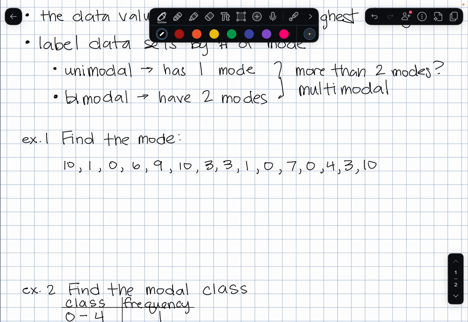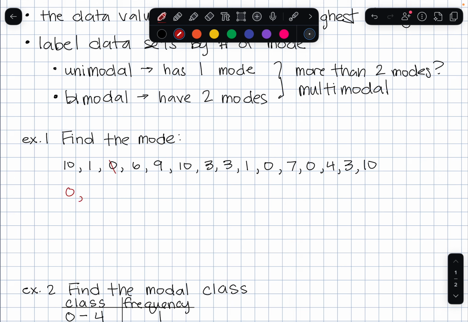So in this example, I have a list of data, and you'll notice that it's not sorted. So when I'm given a list like this, the first thing I really want to do is take it and sort it. I'm going to do a quick visual scan, and I see that the smallest number in my list is 0.